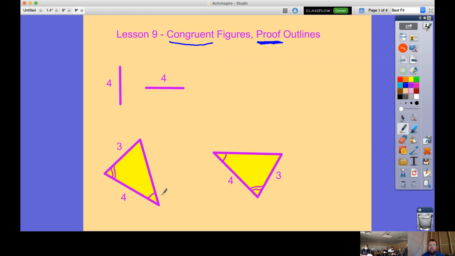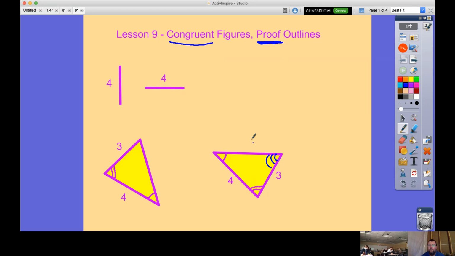Now, the same thing down here, we can see that these two triangles are also congruent. We see that the 4 is in between angle 1 and angle 2. We see that the 3 is off the side of angle 2 on both of these, which would mean that this would also be the same.